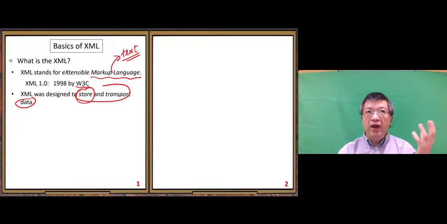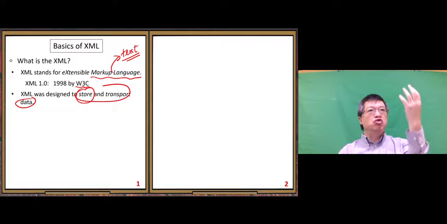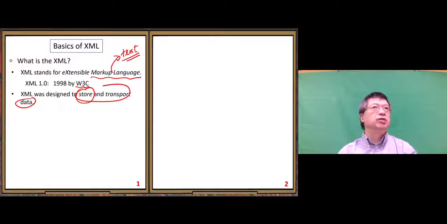The special thing is that when you store the data, you can preserve the structure of the data. You do not want to break the basic structure of your data. That's an important consideration.